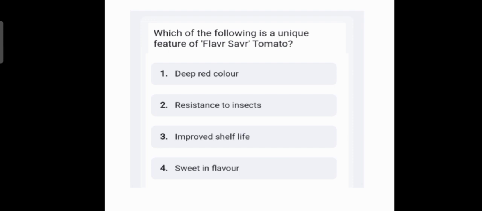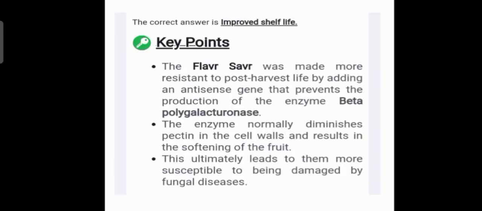And their examples. Next question: which of the following is a unique feature of Flavr Savr tomato? This is also an easy question. The answer is option 3, that is improved shelf life.